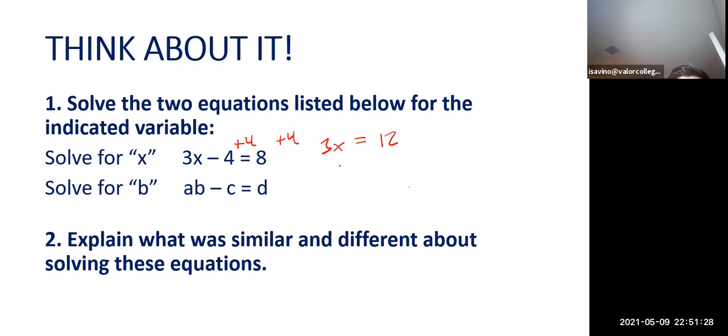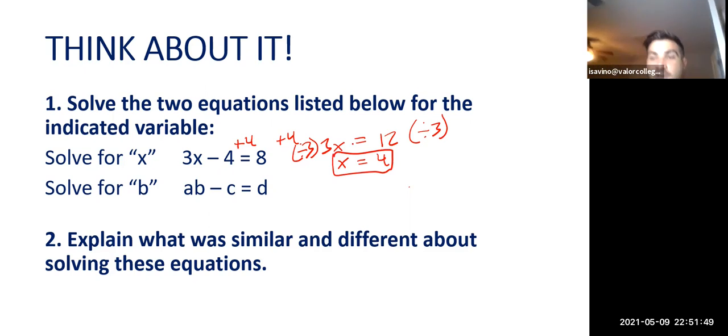And then we divide by 3 on each side, and that would give us 4. So, of course, we're going to divide by 3, and then do the same over here as well. Right? So you all know how to do that. Divide by 3. You all know how to do that, and this would be our solution.